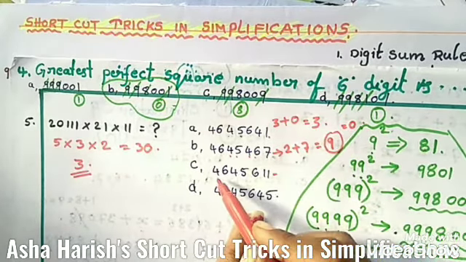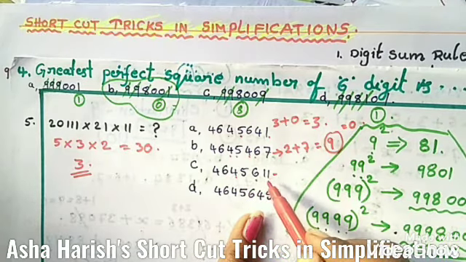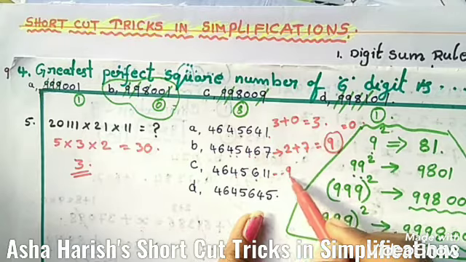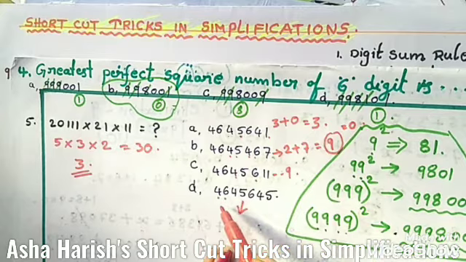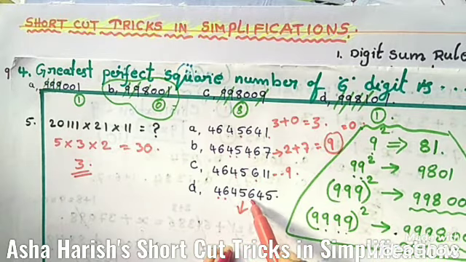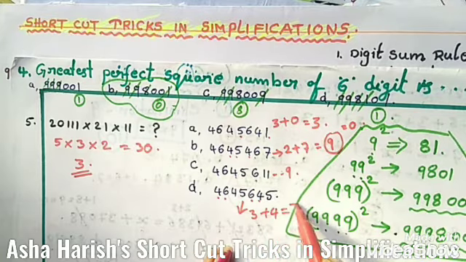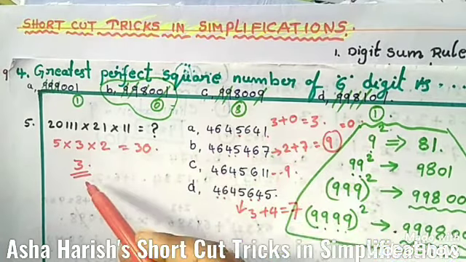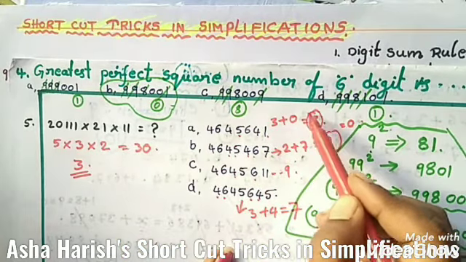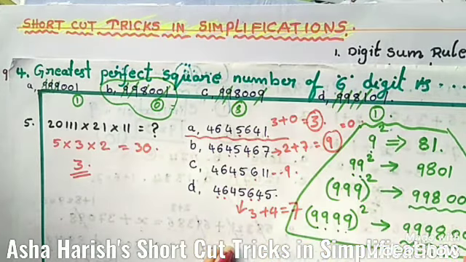Now this option: 4 plus 6, 10, 10 plus 10, 20, 25, 26, 27. Here also the same, 9, you got it. Okay, this should be eliminated. Now for this option D: 4 plus 6, 10, here also 10, 20, 29 plus 5, 34, 3 plus 4 is equal to 7. Now just by seeing all these options, here 3, here 3, you got it. So without any hesitation you can say that option A is the correct answer.